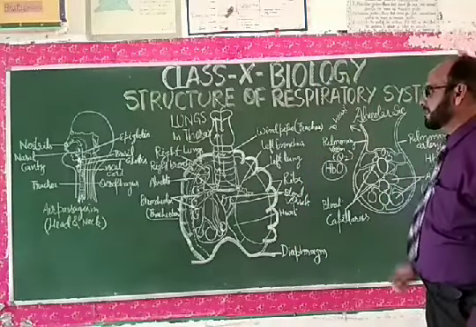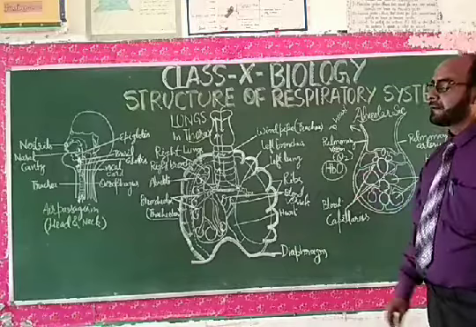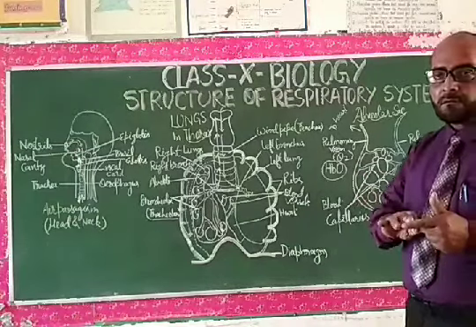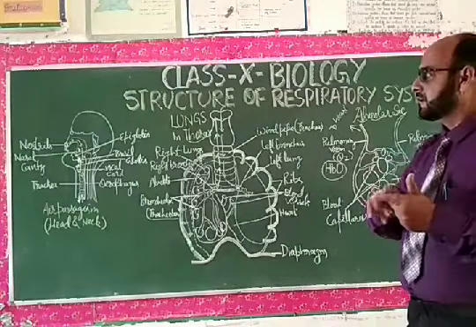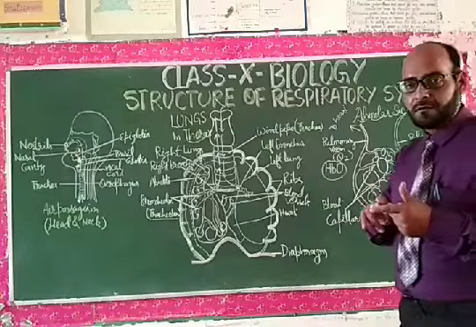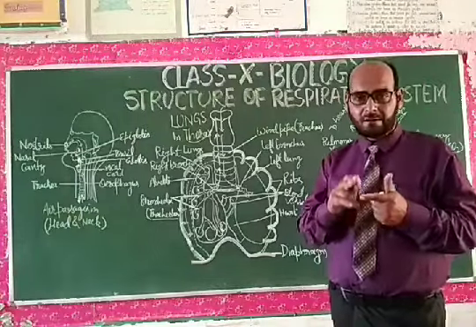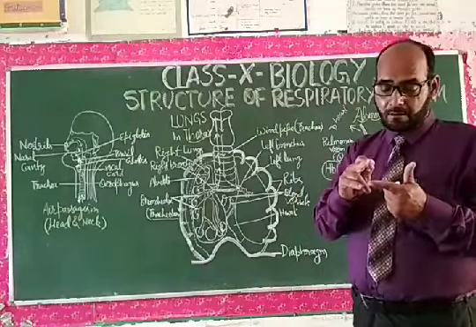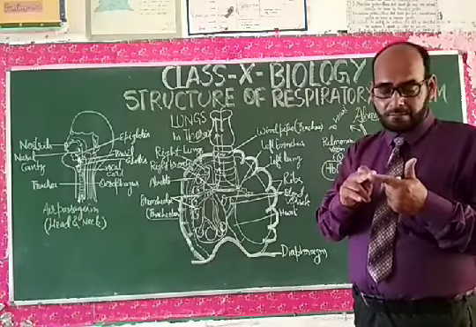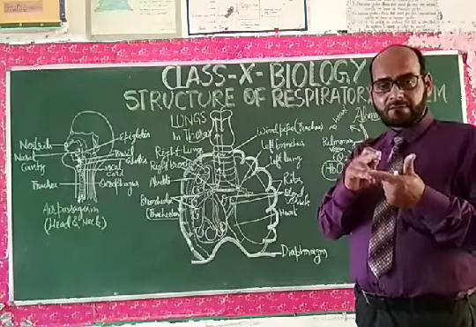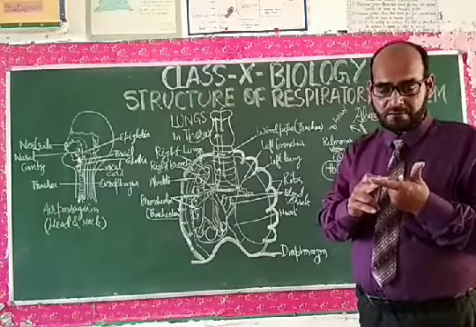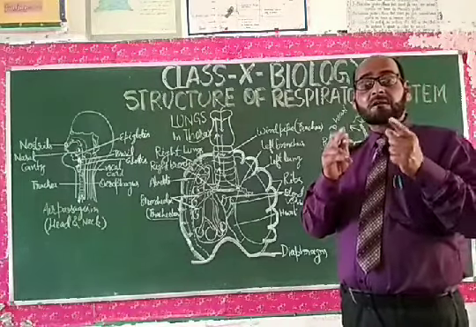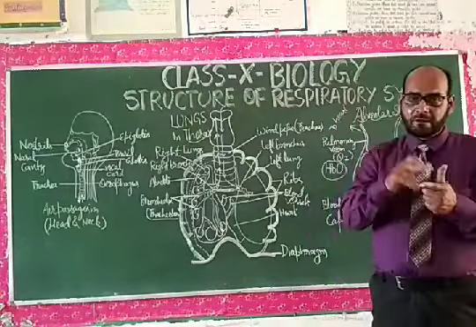My dear students, in the next video you will see the process of respiration or physiology of respiration in human, how respiration takes place in human as a breathing process, as a gaseous exchange process, and as a cellular respiration process, both aerobic and anaerobic.